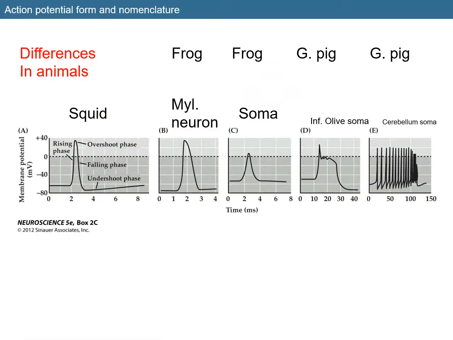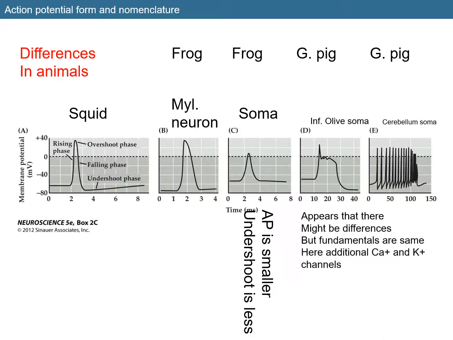It's also important to note that the action potential process, this rising phase, overshoot, falling phase, undershoot phase, these are different when we look at different organisms, okay? So if we look at a frog myelinated neuron, a frog soma, a guinea pig inferior olivary complex, or a Purkinje nerve fiber on a cerebellum of the guinea pig, we can see that there are much differences in what happens in the action potentials.